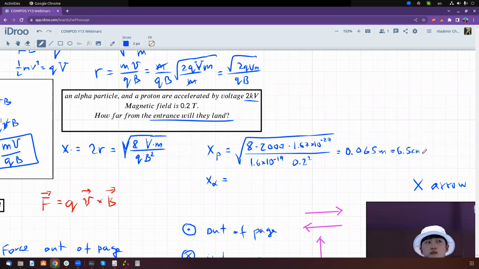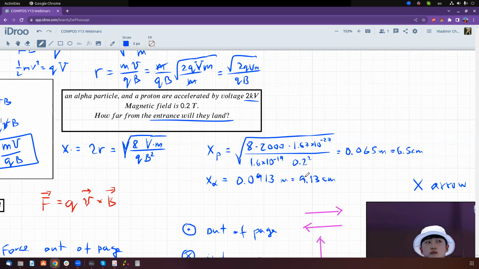And the alpha particle has 4 times the mass and 2 times the charge. Everything else is the same. So it's going to be 0.0913 meters, which is 9.13 centimeters.